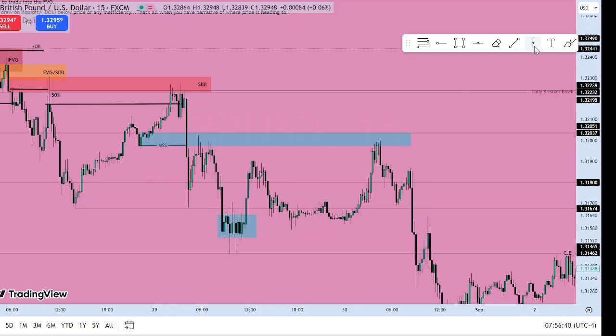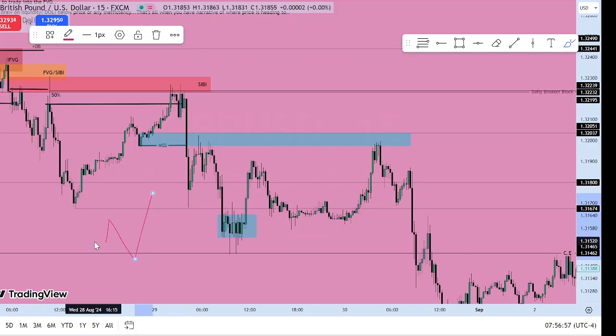When you see something like this, after a liquidity is taken, or after we deliver into any inefficiency, you will see a low, a high, then a lower low. As we break above this previous high, it now turns into a breaker.